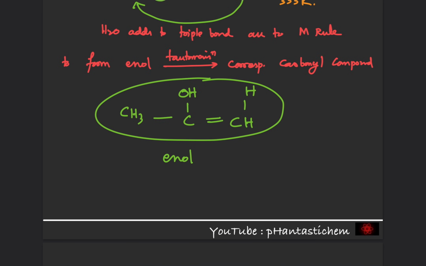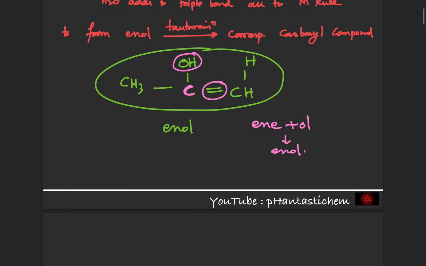This is known as enol because you can see, look at this carbon. It has both a double bond, that's why ene, and also an alcohol group attached to it, plus ol, which is known as enol. And enols can show tautomerism, to be specific, keto-enol tautomerism, very important.